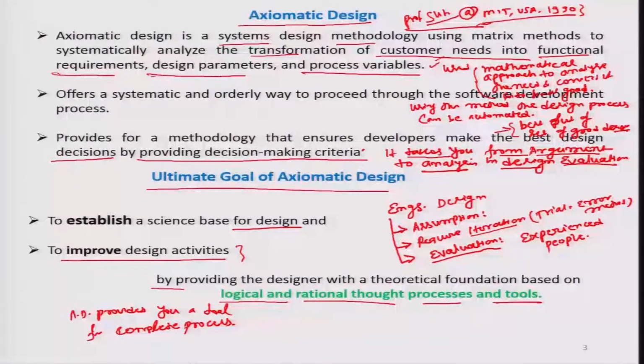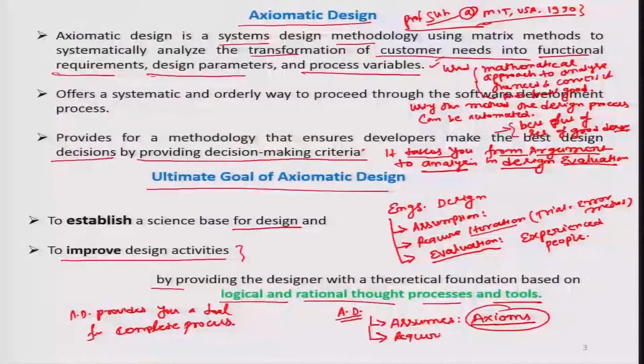So like engineering design, axiomatic design also has several steps. First, you will also have to make an assumption here in the form of an axiom. Okay, I will explain what the axiom is later. Then it requires decomposition of your need.